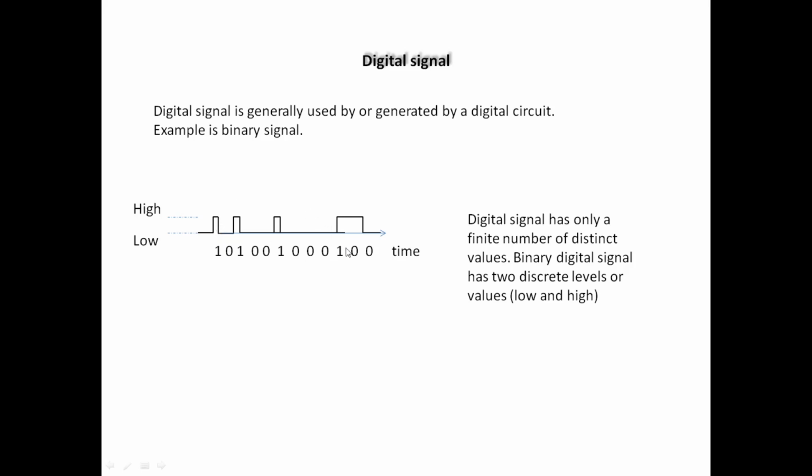This type of signal is a digital signal, and it can be represented by a series of ones and zeros. We are going to use this type of signal in digital circuits. The examples of digital circuits are logic gates, encoders, multiplexers, counters. We are going to study these circuits in digital electronics.